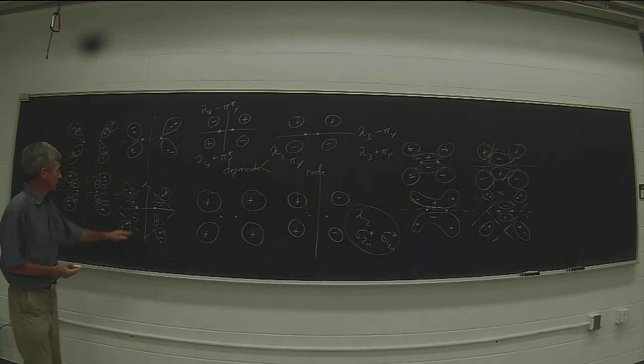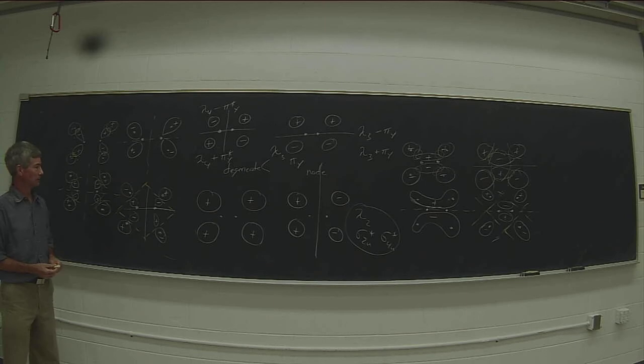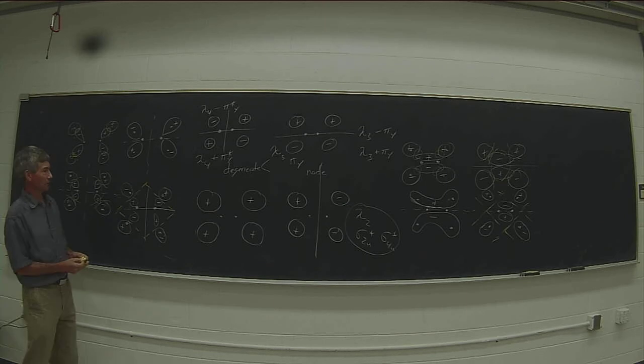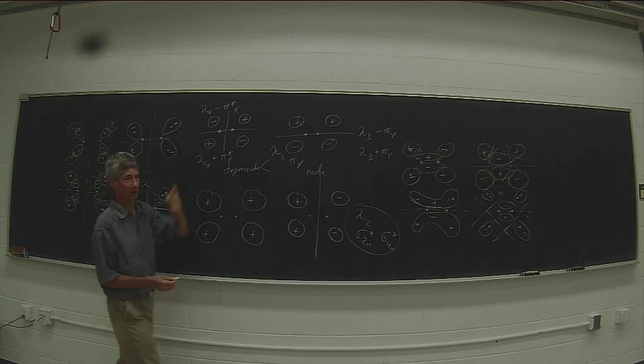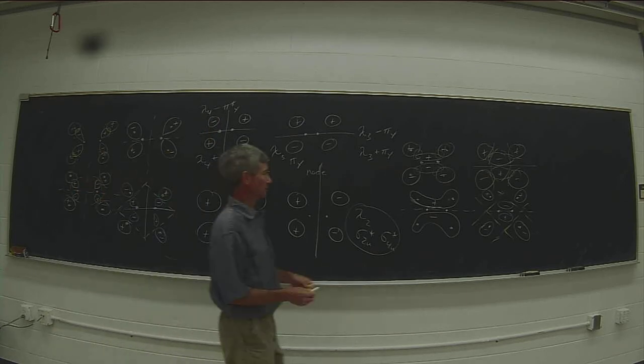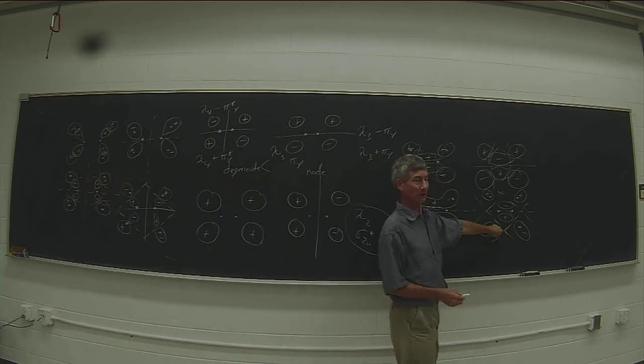Not as high energy as this one, because there are fewer nodes. We don't have this vertical node in the anti-bonding combination of lambda 4 with pi star y. Here we don't have it.